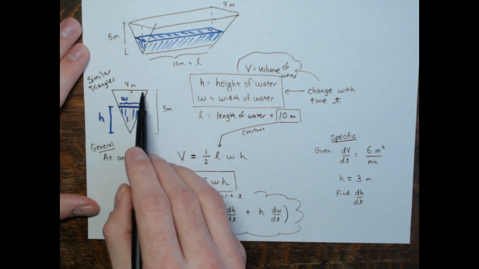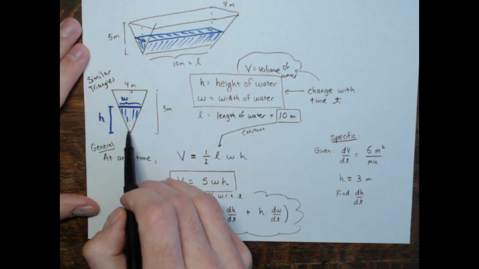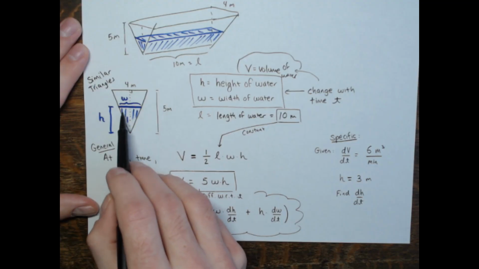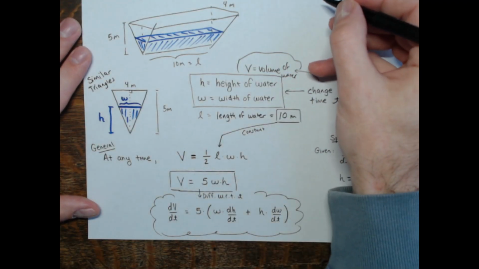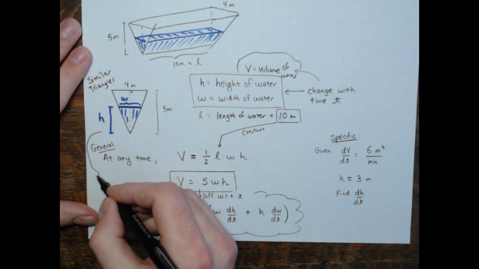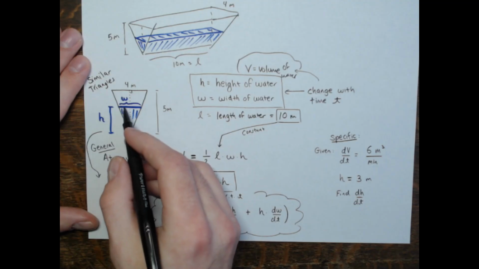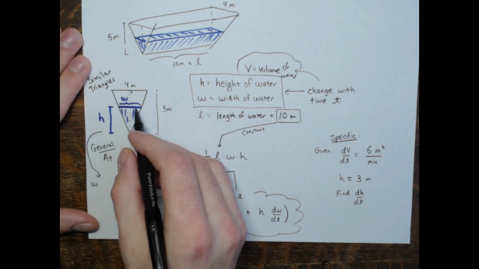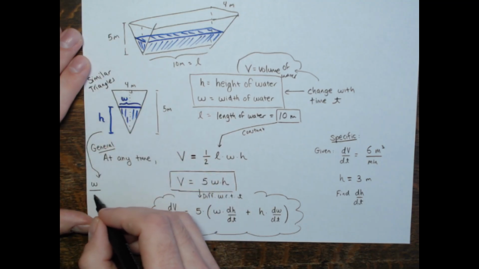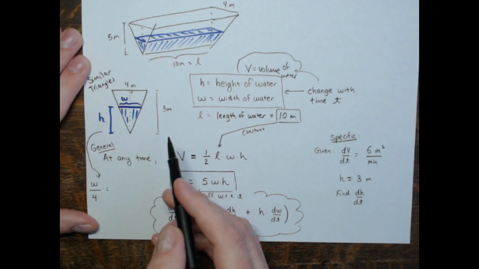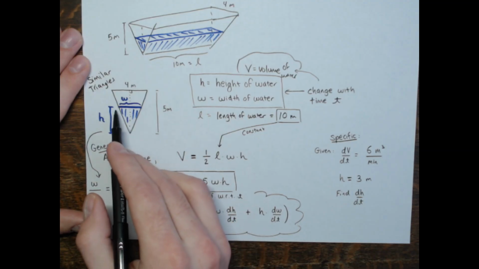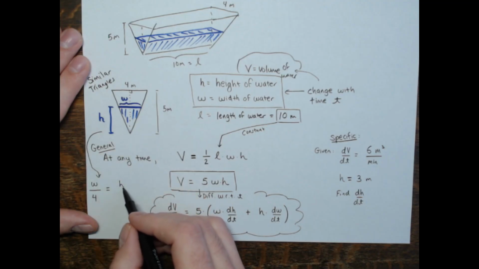Okay, so you've got the large triangle with a width of 4 meters, height of 5, and then the water triangle with a width of W and a height of H. Because they are similar, we can set up a proportion: W, the width of the smaller water triangle, over the width of the larger one, 4, should be equivalent to the height of the water triangle, H, over the height of the larger one, 5.